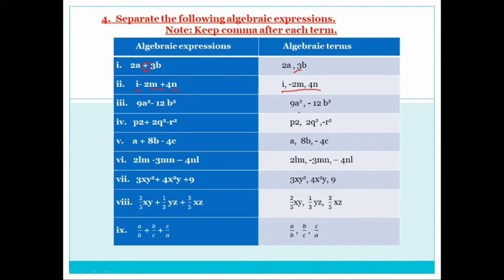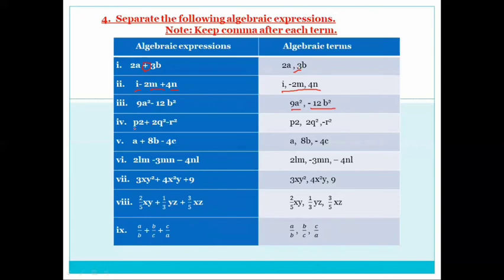So I will write here 9a square, then I will write a comma, then minus 12b square. Please don't leave out the minus, but plus we can ignore. Just in part number 1, there is no need for plus because plus is understood.